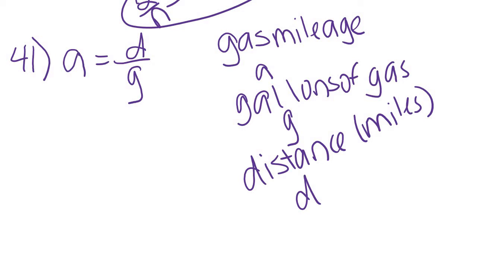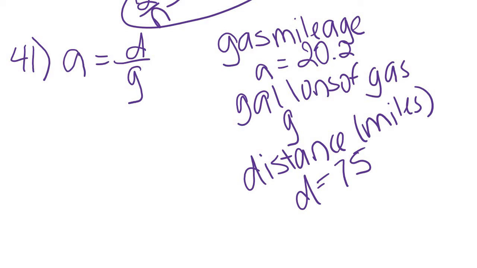They say the gas mileage is 22 miles per gallon. So A is going to be equal to 22. And then they say travel 75 miles. So our distance is 75. And they want to find out how many gallons of gas that'll take.